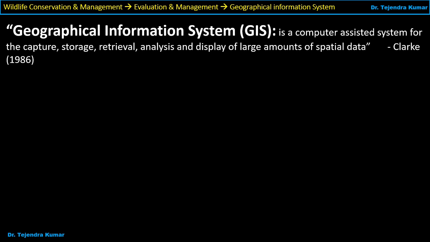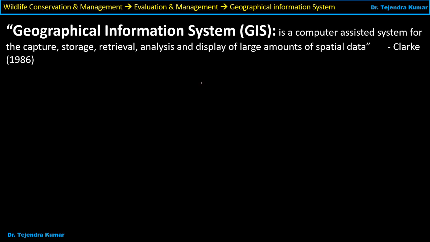Now I am explaining some more things and trying to distinguish the major differences between remote sensing and GIS, so that you can easily understand where one starts and where the other starts, and that these are different.